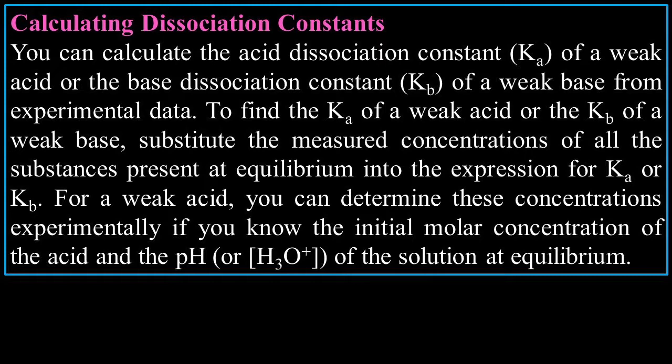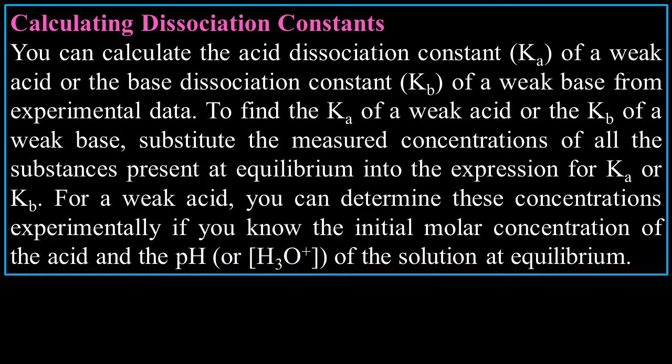To find the Ka of a weak acid or the Kb of a weak base, substitute the measured concentrations of all the substances present at equilibrium into the expression for Ka or Kb. For a weak acid, you can determine these concentrations experimentally if you know the initial molar concentration of the acid and the pH, the H+ ion concentration, of the solution at equilibrium.